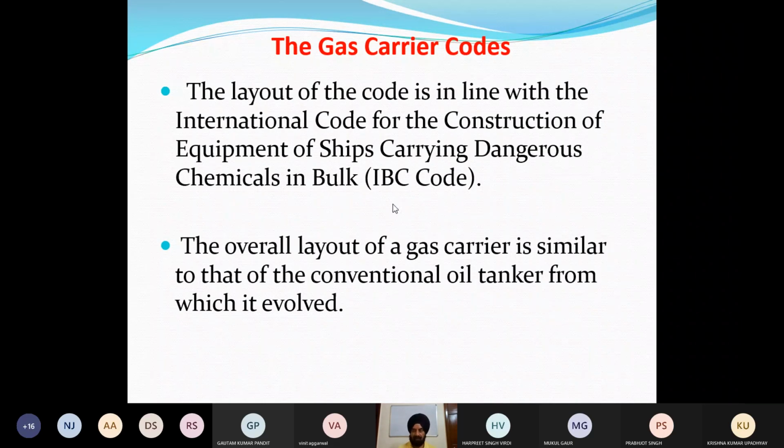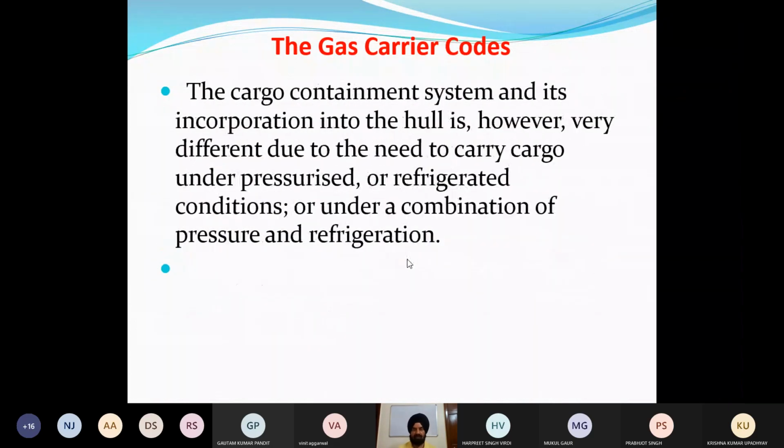So overall layout of gas carrier code is similar to that of construction of oil tanker from which it is basically evolved. And cargo containment system and its incorporation, however, is very different due to the need to carry cargo whether under pressurized system or refrigerated conditions. So there the tank system will vary. So that we have seen.